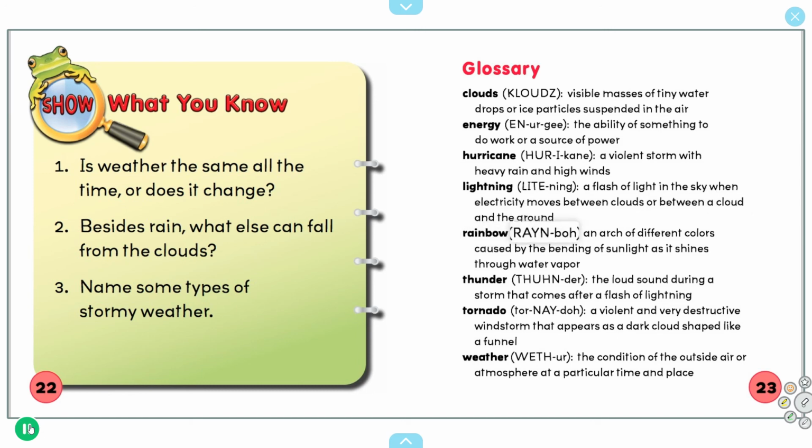Rainbow. An arch of different colors caused by the bending of sunlight as it shines through water vapor. Thunder. The loud sound during a storm that comes after a flash of lightning. Tornado. A violent and very destructive windstorm that appears as a dark cloud shaped like a funnel. Weather. The condition of the outside air or atmosphere at a particular time and place.